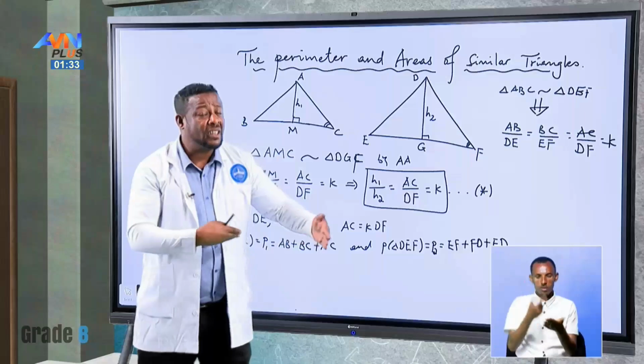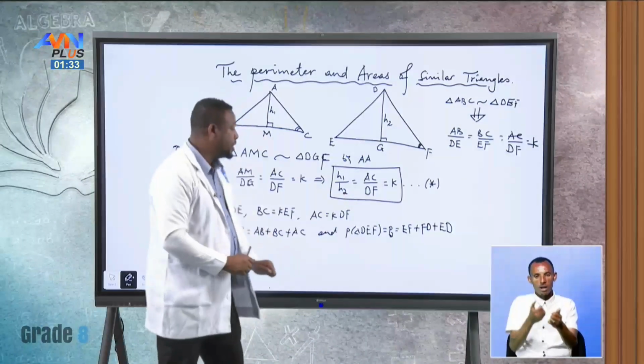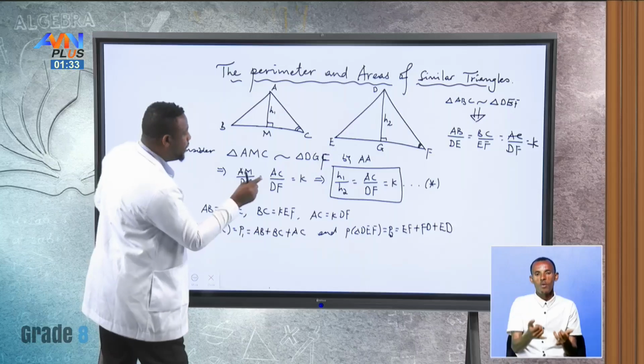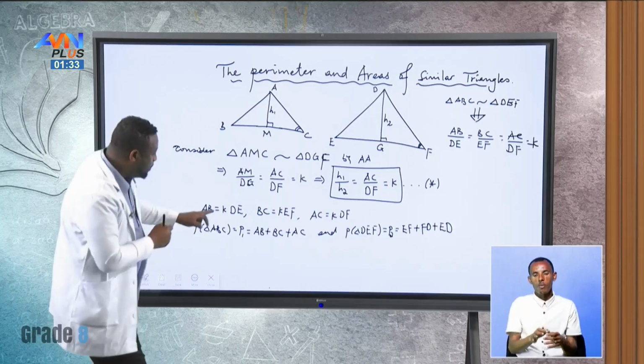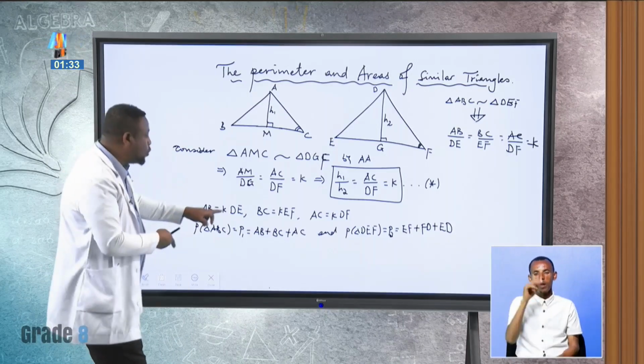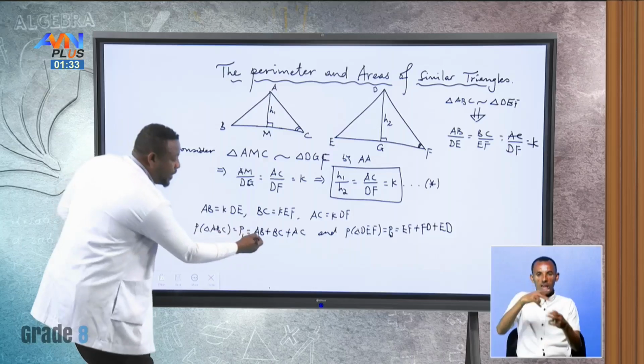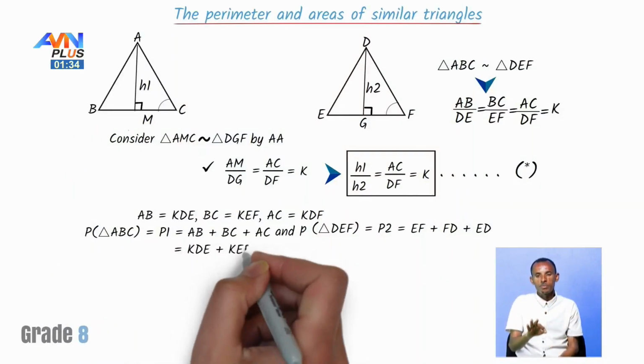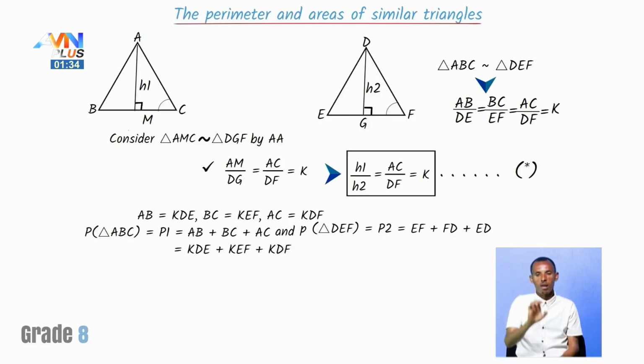You can write it in any order. It doesn't matter. So now in place of AB, I need you to substitute K times DE. Okay, here in place of AB, you can substitute K times DE plus, in place of BC, you can substitute K times EF. And the third one, AC is K times DF.